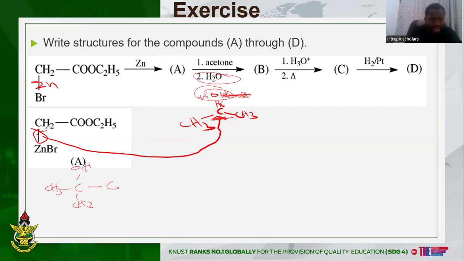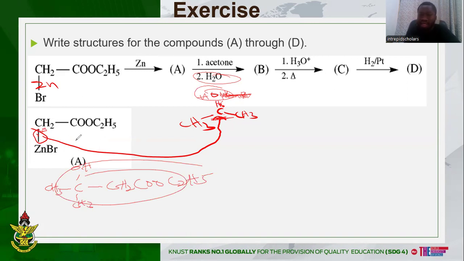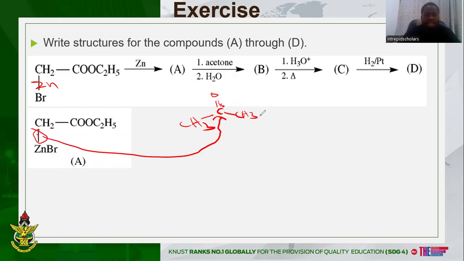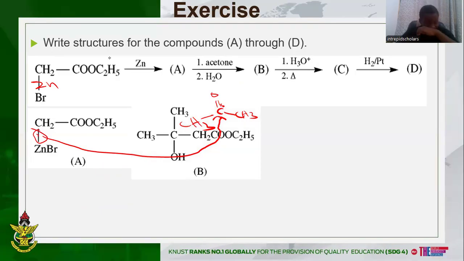Now around this one, I have two H groups, so H2, and I have COOC2H5, and that will be my product. Right, now, this is not science, this is art. So you follow the art, very simple. So this is the answer.